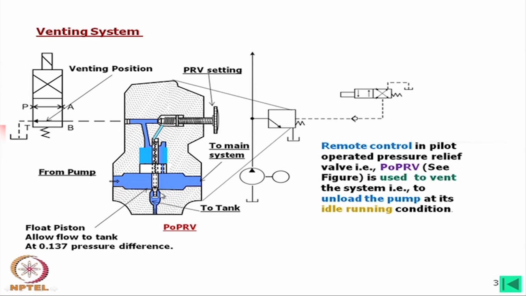Now, what do I find inside there? A stem or a cylindrical body is there. In that cylindrical body, there is a piston. In that piston, there is another hole which is like an orifice.